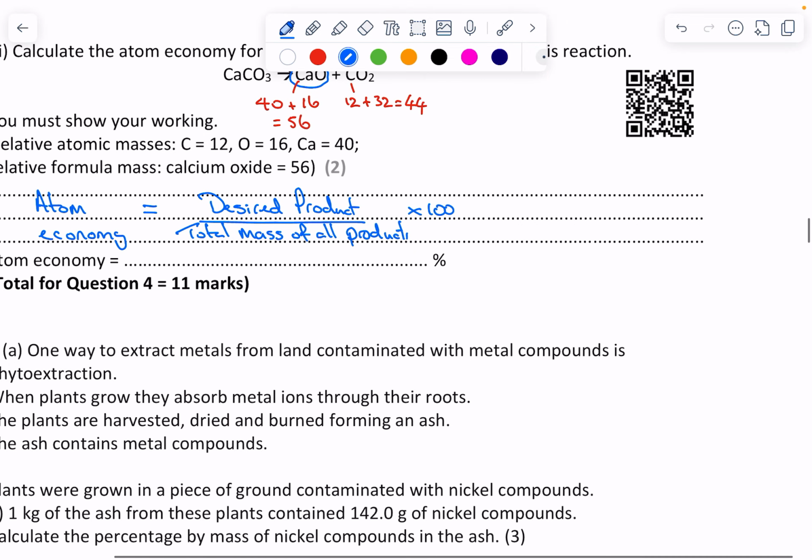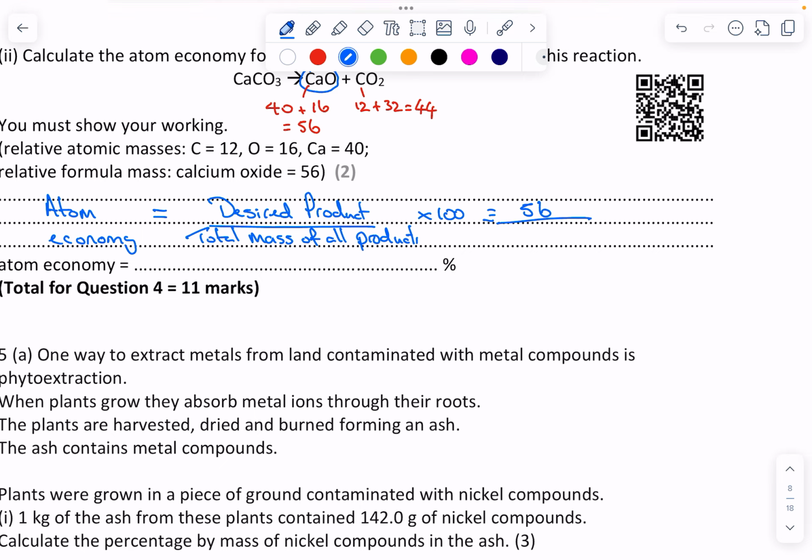So the mass of desired product, according to that, is 56. All the products is 56 plus 44, and then we times that by 100, and that's going to give me, when you plug it into your calculator, 56%.